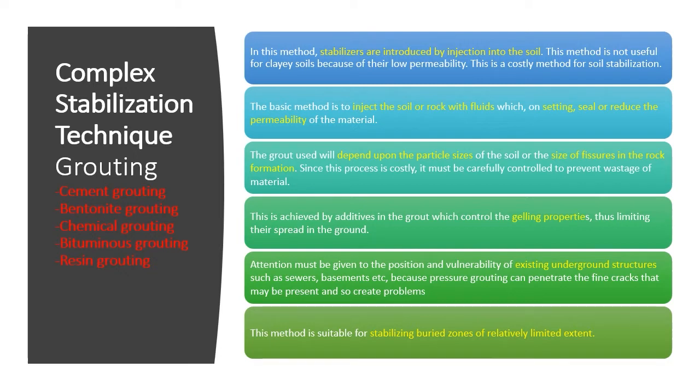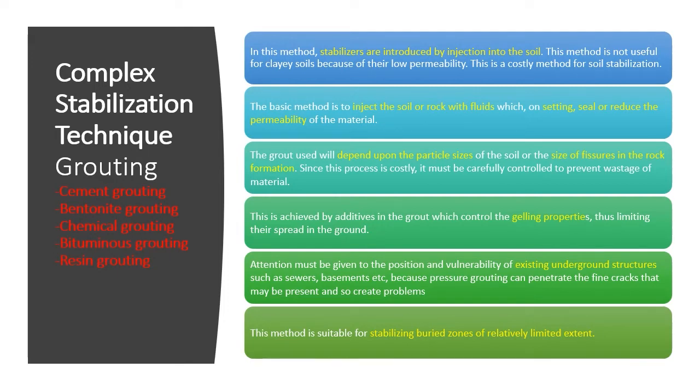In this method, stabilizers are introduced by injection into the soil. This method is not useful for clayey soil because of their low permeability. This is a costly method for soil stabilization. The basic method is to inject the soil or rock with fluids which, on setting, seal or reduce the permeability of the material.